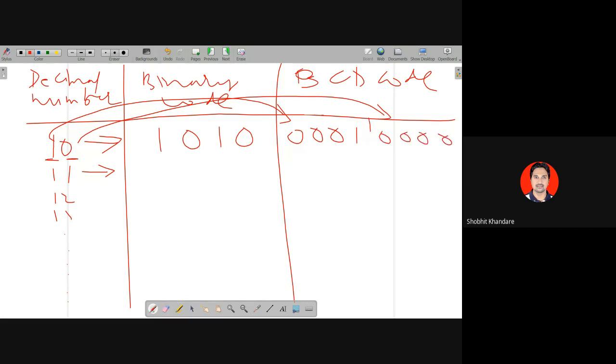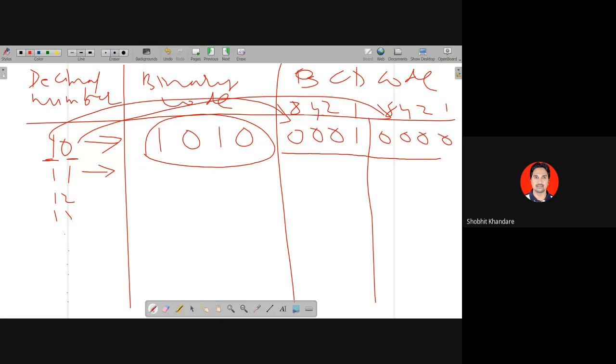So you have 1 2 4 8 following for this 0 and 1 2 4 8 following for this 1. So ultimately I can say decimal number 10 is represented as 1 0 1 0 in binary code and 0 0 0 1 0 0 0 0 in BCD.